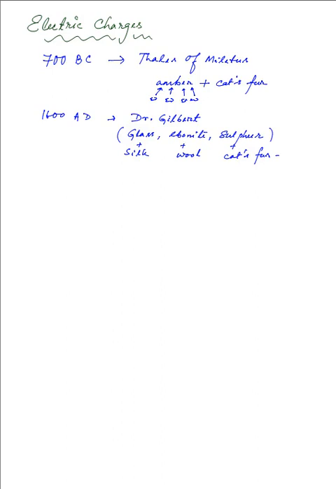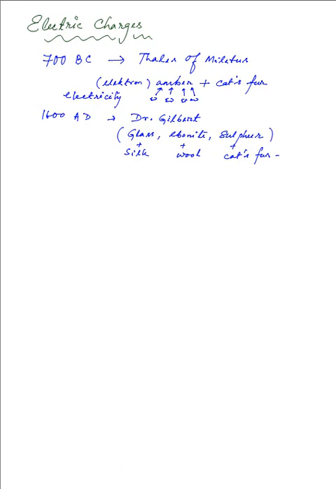Now, amber in Greek is called electron. So from that we have the word electricity, because this phenomenon was termed electricity from the word electron.